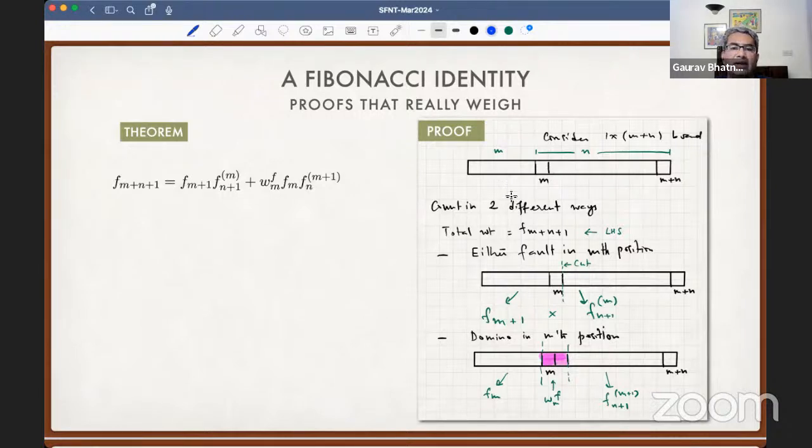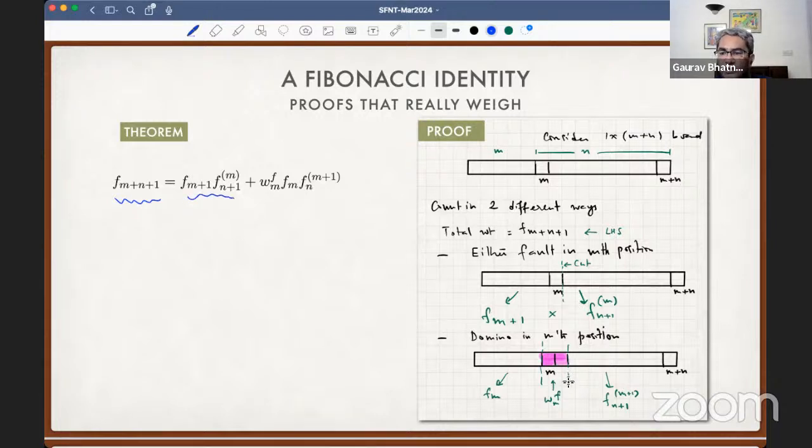So on the one hand we get f of m plus n plus 1, because we just consider the whole board, and if the mth place has a fault, that means there's no domino, so we can cut it here. Then it's a product: this part will be f_{m+1}, and this part will be f_{n+1}, but shifted by m. So you get this term.